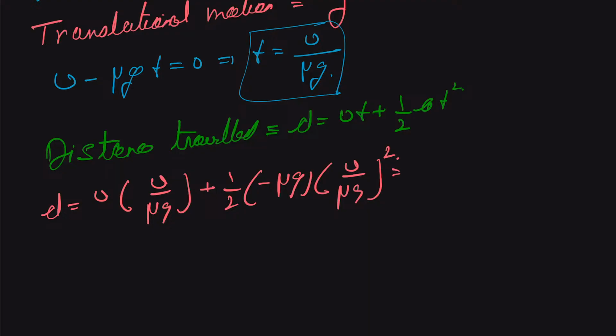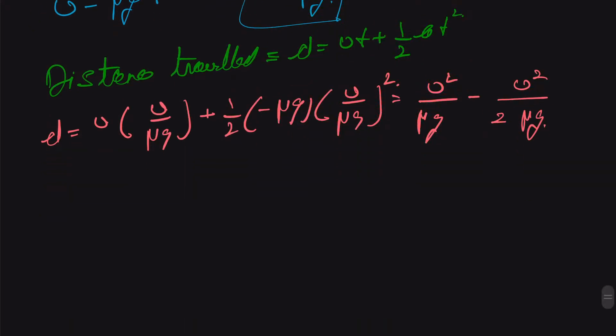This gives v square upon mu g minus v square upon twice mu g. Therefore the distance d comes as 1 by 2 v square upon mu g, and from here v is equal to the square root of twice mu g times d.